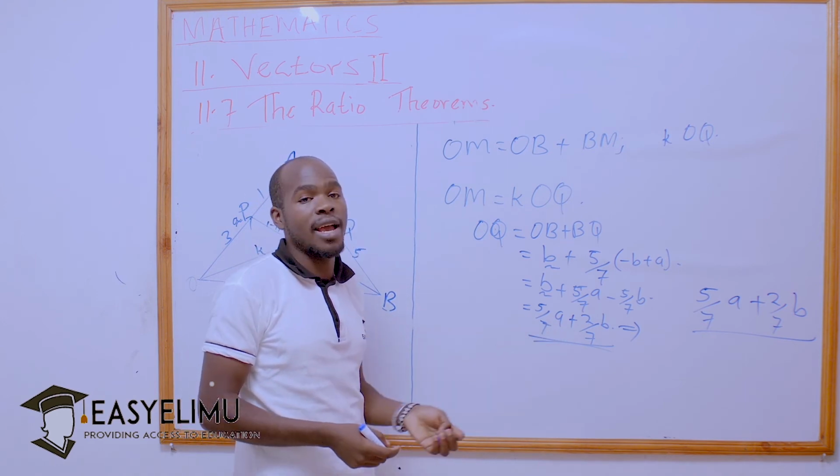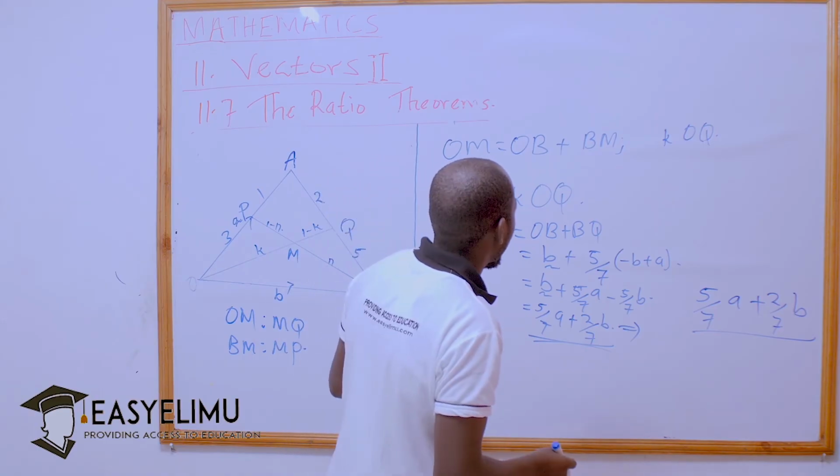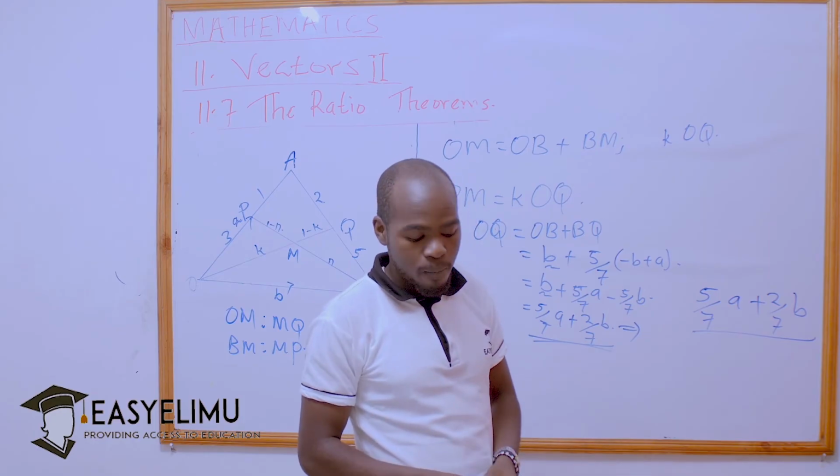That's just tiring you, but that's the best method to use. So we have found that OQ is 5 over 7 A plus 2 over 7 B.